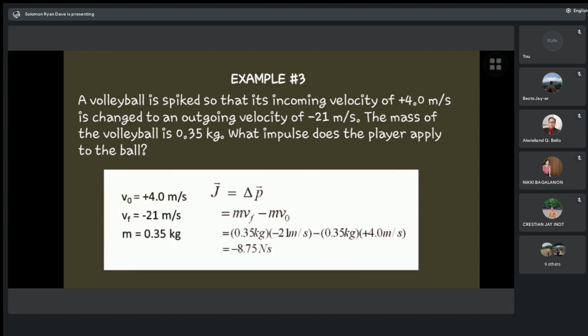Substituting, 0.35 kilogram times negative 21 meter per second minus 0.35 kilogram times positive 4.0 meter per second equals negative 8.75 Newton seconds.